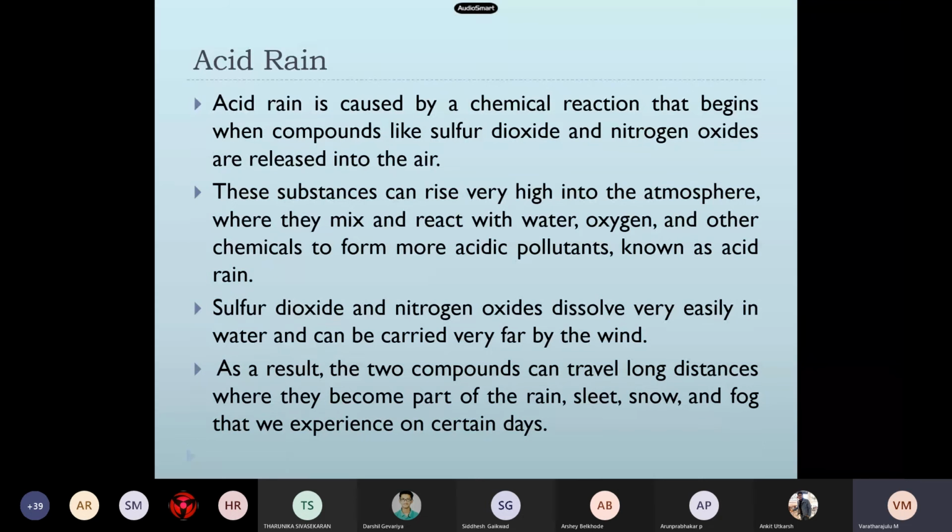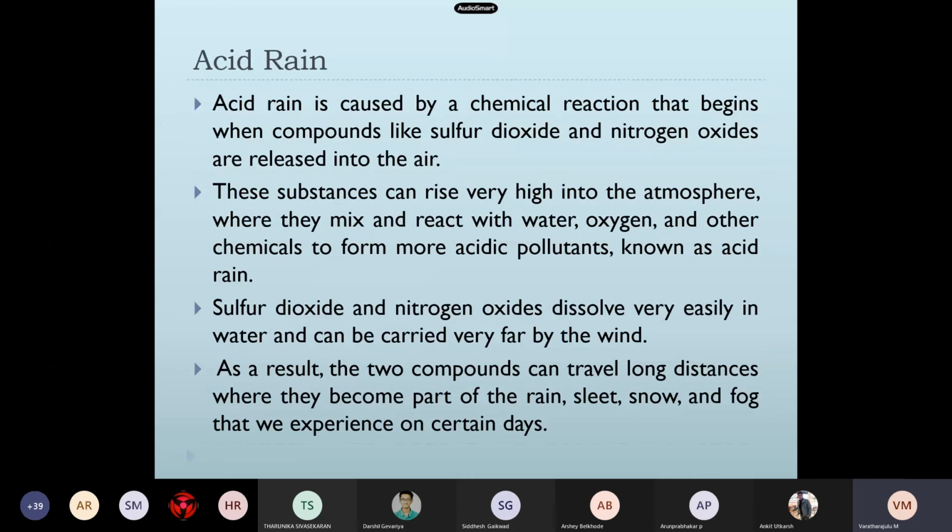Sulfur dioxide and nitrogen oxide dissolve very easily in water and can be carried very far by the wind. As a result, the two compounds can travel long distances where they become part of the rain, sleet, snow, and fog that we experience on certain days.